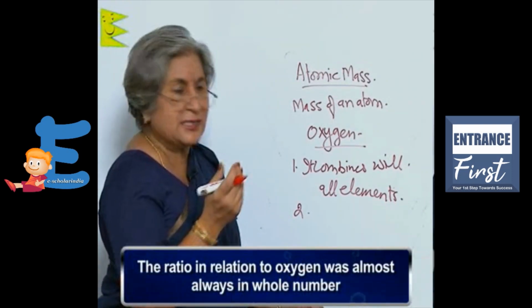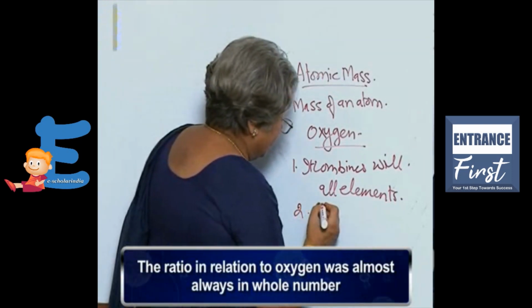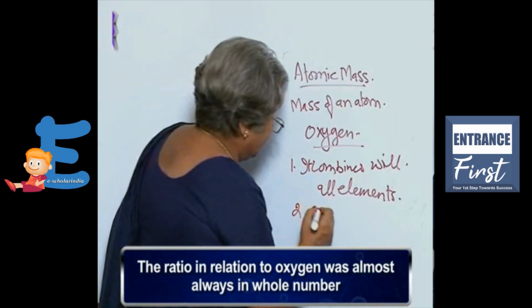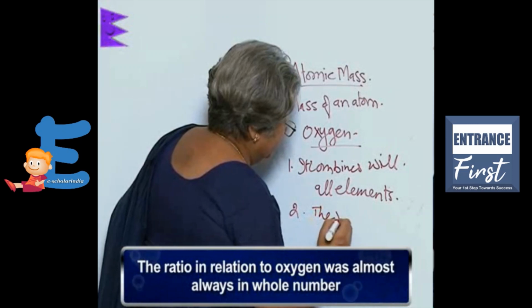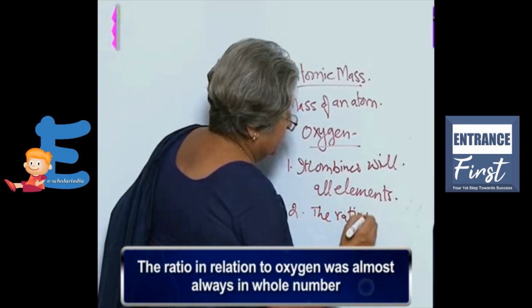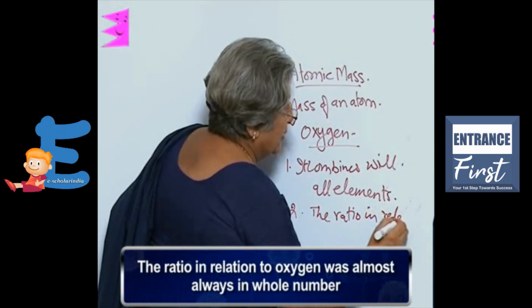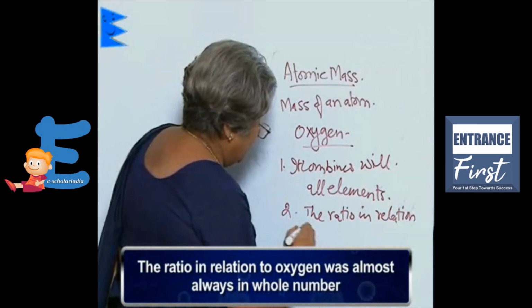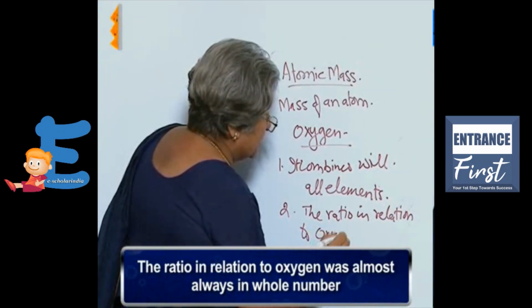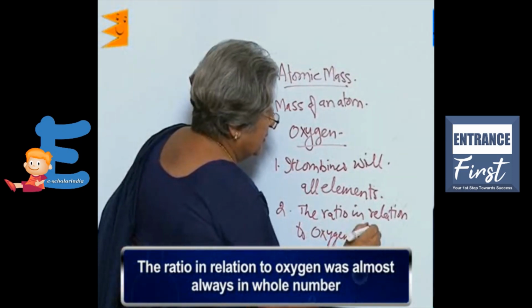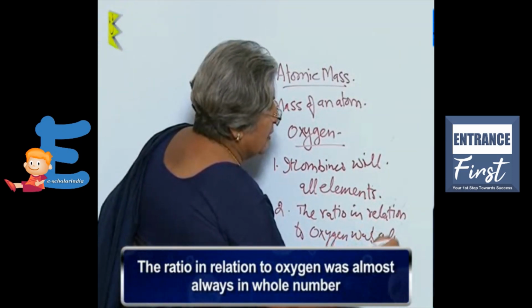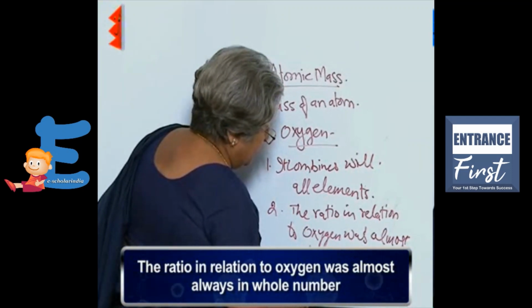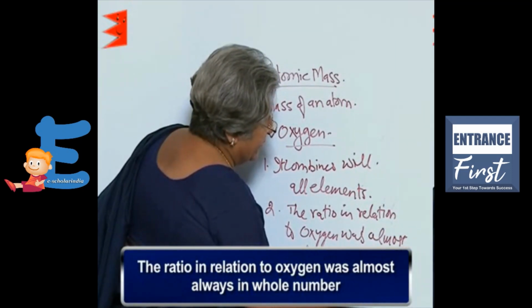The ratio was in whole number, nearly whole number, if not exactly whole number. So oxygen was almost always in whole number.